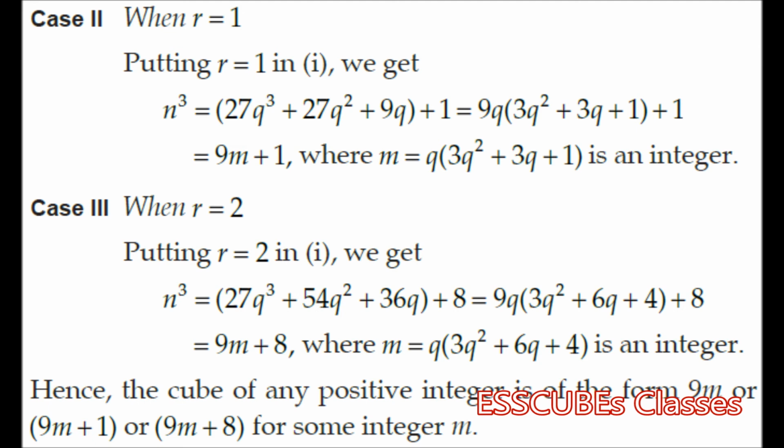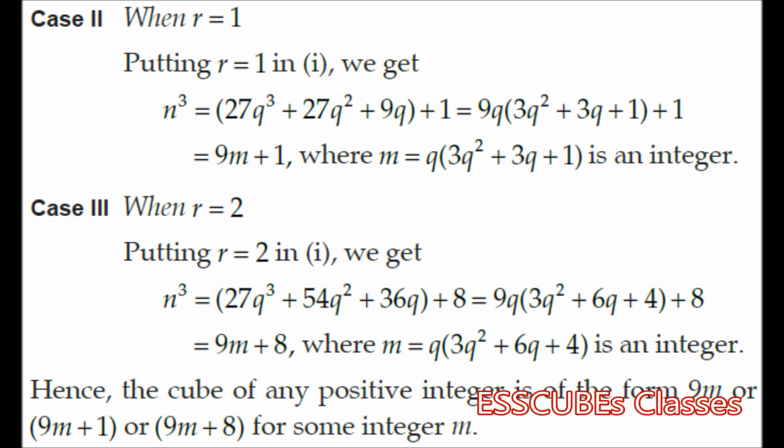If I take out 9 from all these, I'm left with 9q(3q square plus 3q plus 1). Now this m will be representing nothing but q into 3q square plus 3q plus 1. So now n cube can be represented as 9m plus 1.